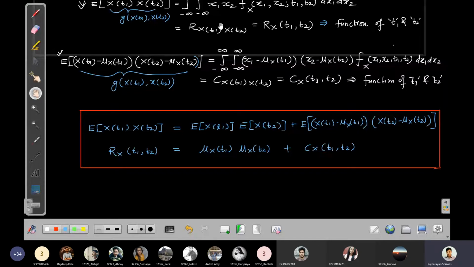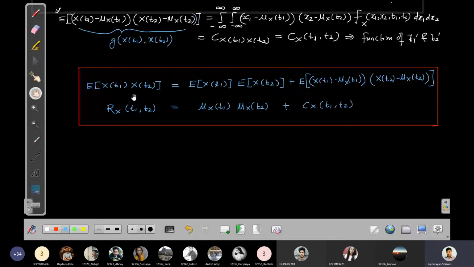So in the same respect, here it was mean square value, I have written correlation. Instead of AC power, I have written covariance, and this is simply mean of product of individual means. So this is how this relation is true. When t1 is equal to t2, this becomes expectation of x square t.